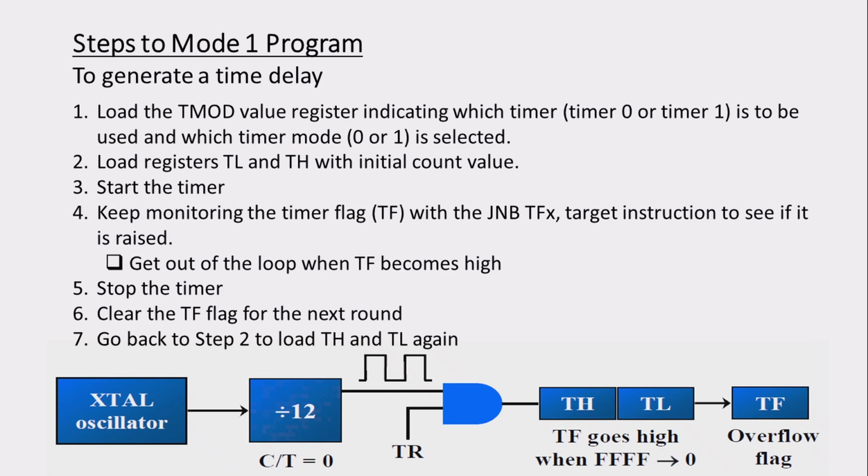So these are the steps we need to follow in order to generate a time delay. The steps can be better understood by looking into some examples. Okay, so let us see some examples.